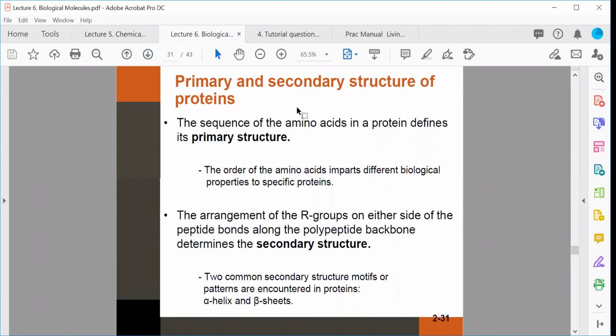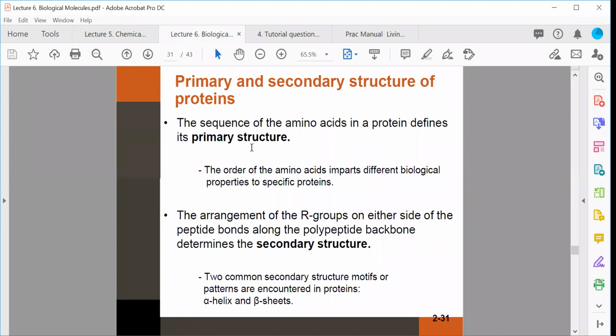All right, so we said earlier that when amino acids join together to form a chain of amino acids, that's referred to as a polypeptide. And the order in which those amino acids link together within that chain defines what's referred to as the primary structure of the protein.